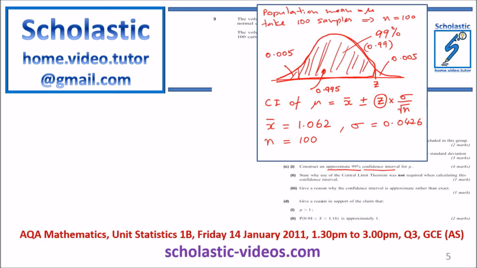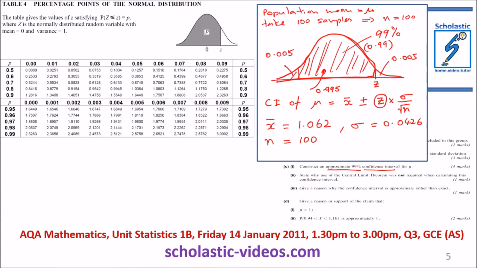0.995. Please note that, because if I just go to our formula table, so if you open up your formula table, which will be given in the exam, you can see that there is a graph, there's a table number 4, percentage points of the normal distribution. In that you can see the curve here, the probability up to here is P. So exactly what we saw here, when that probability is 0.995, what is the value of Z?